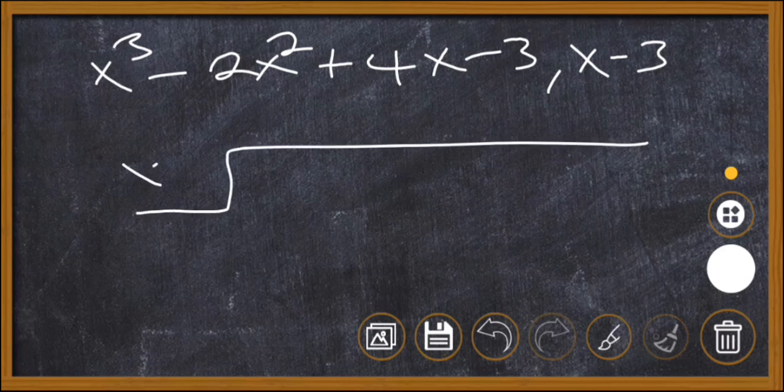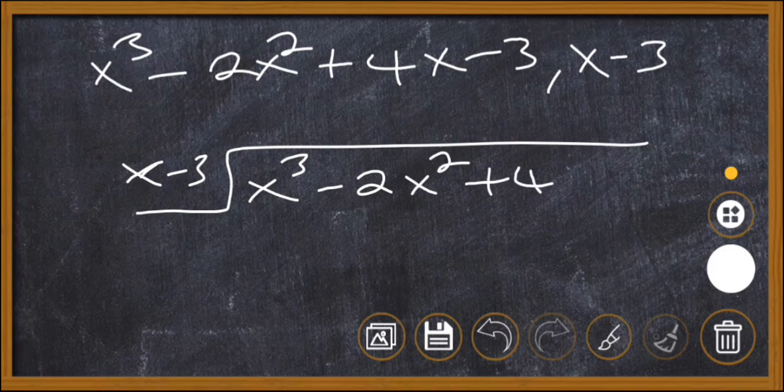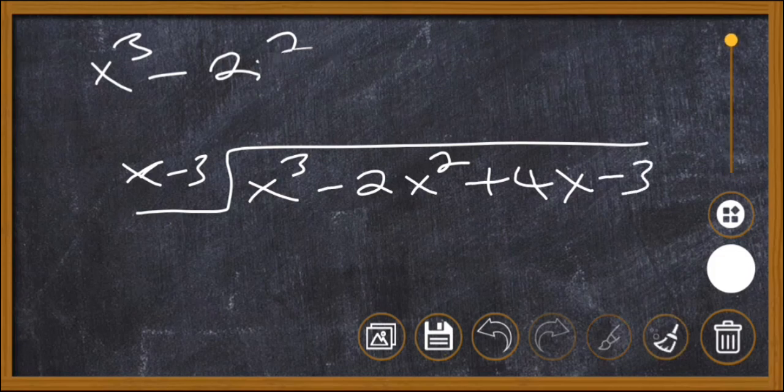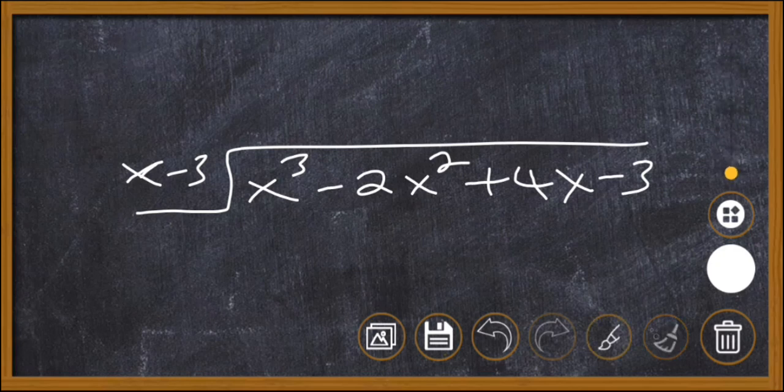So where we have our divisor here, that is x minus 3, and then here we have the dividend, that is x power 3 minus 2x squared then plus 4x and then minus 3. So for the sake of space, I will just wrap the top part here and then write what we have on the long division down there up here, because the space is not going to allow.